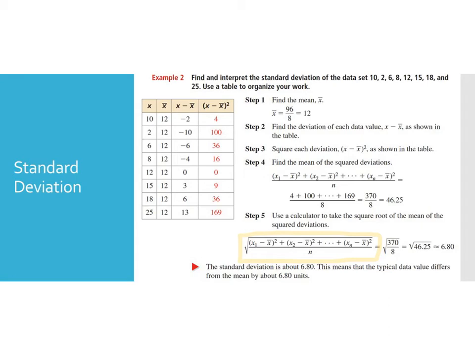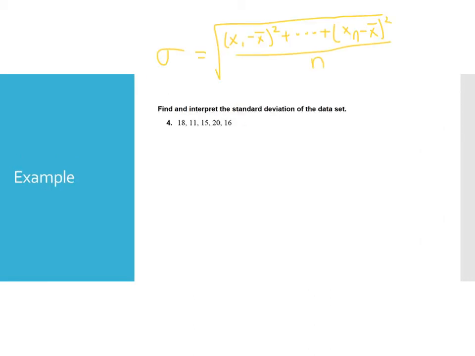Does that mean they're all 6.8 units away? Like 10 is not 6.8 units away from 12. No. But on average, they are, and that's what the standard deviation tells you. You're going to need to know the standard deviation for 11.1, which is why we're doing this first.